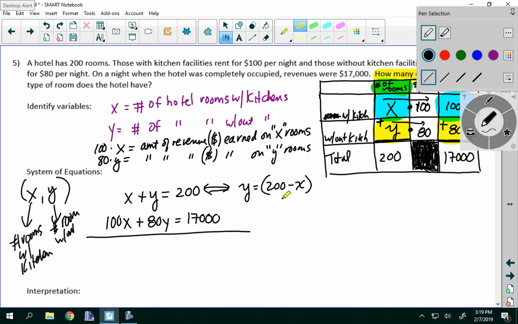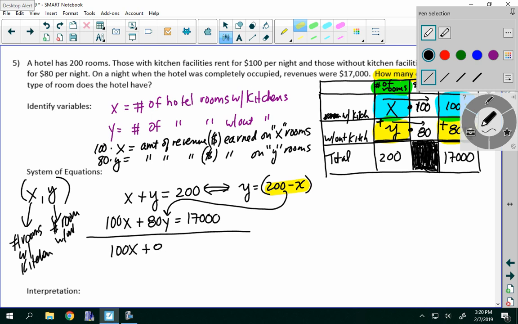If you recall in our last lesson, you would have had to say the number of rooms without kitchen facilities was the total, 200, take away X, the number of rooms with kitchen facilities. So now I'm going to take this value for Y and put it right into this equation and rewrite that equation.